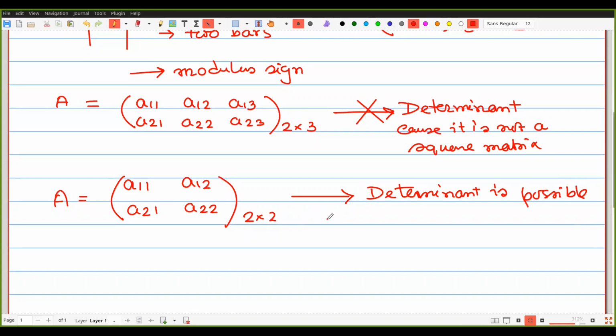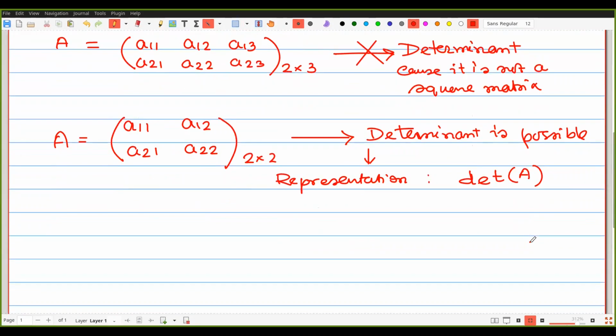Okay, and how is it represented? The representation of the determinant is det(A), that is the determinant of A. That is the first representation.